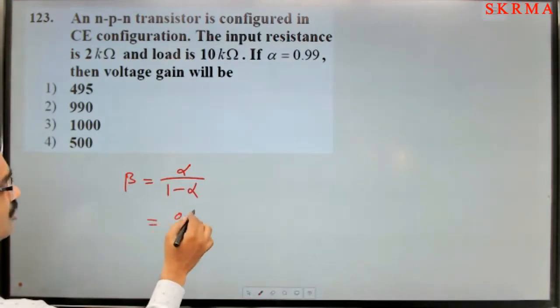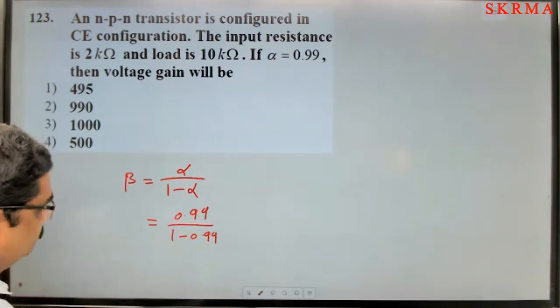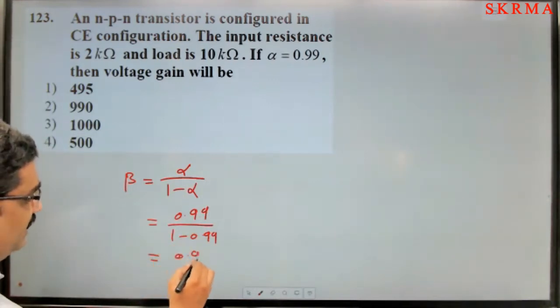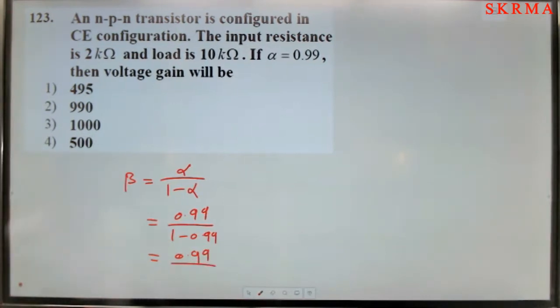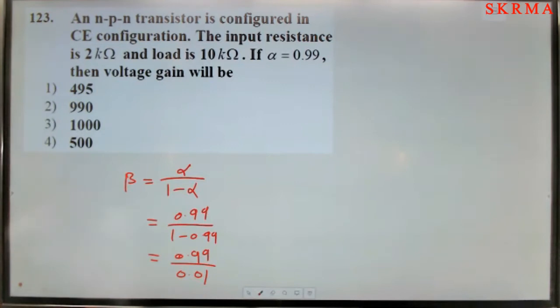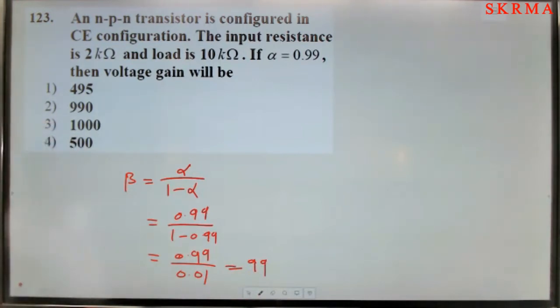What is the alpha value? 0.99 by 1 minus 0.99. So how much it is? 0.99 by 0.01, that is 99. Next, what we have to calculate?